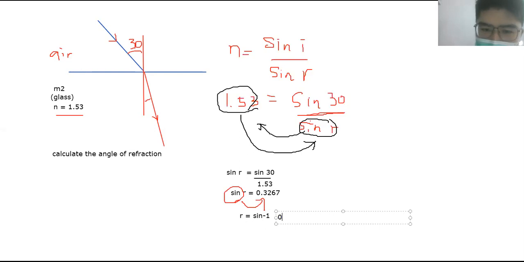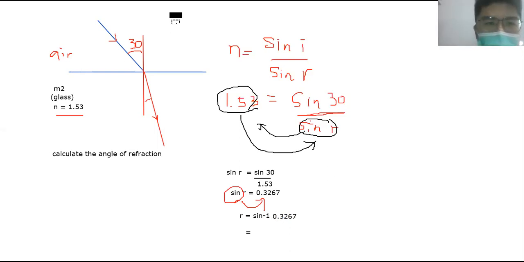So sine -1 of 0.3267. How do you find the sine -1? It's in your calculator. You have to press the shift. Shift sine -1, 0.3267. What is the answer? What's the answer, Ryan?